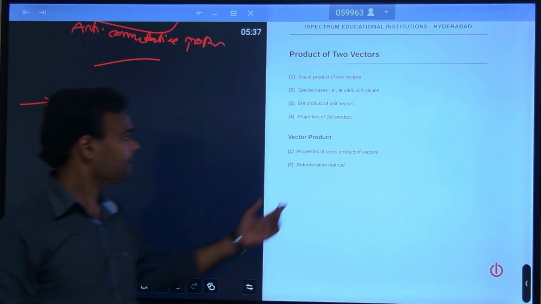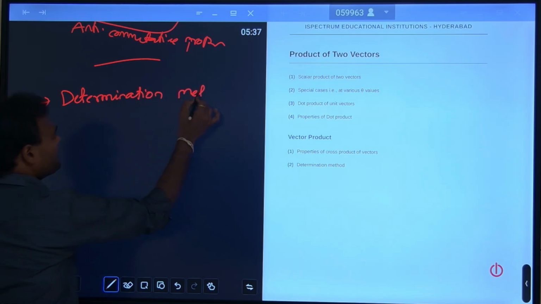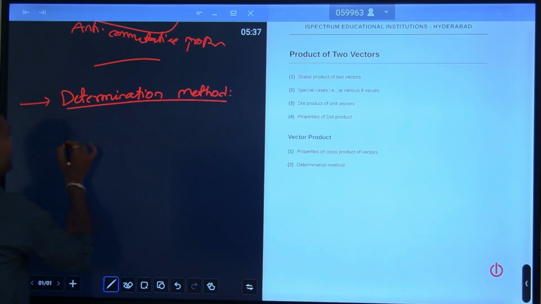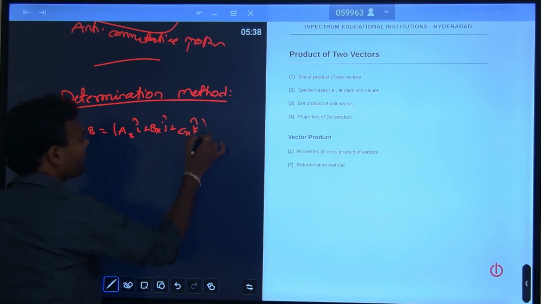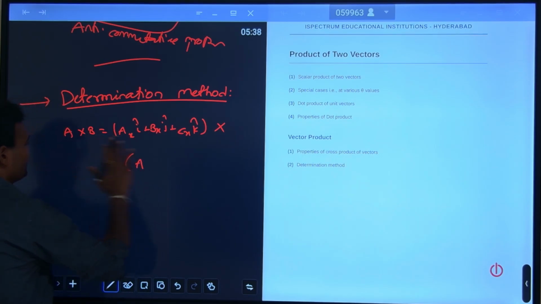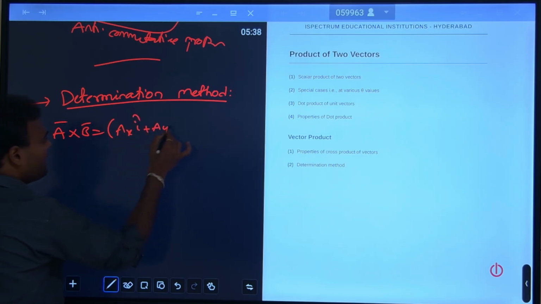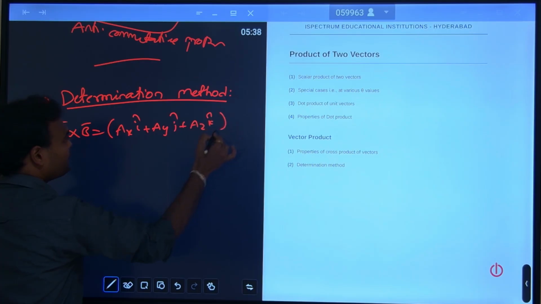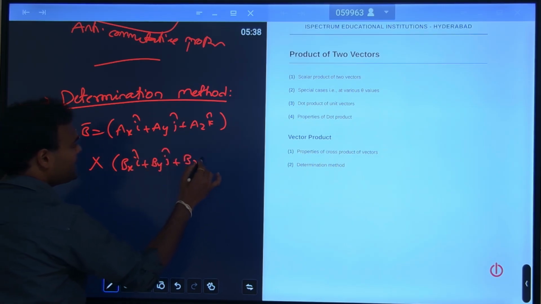Okay, then next one is determinant method. How can we find the a cross b value? Here a is Ax i plus Ay j plus Az k, cross b is Bx i plus By j plus Bz k.